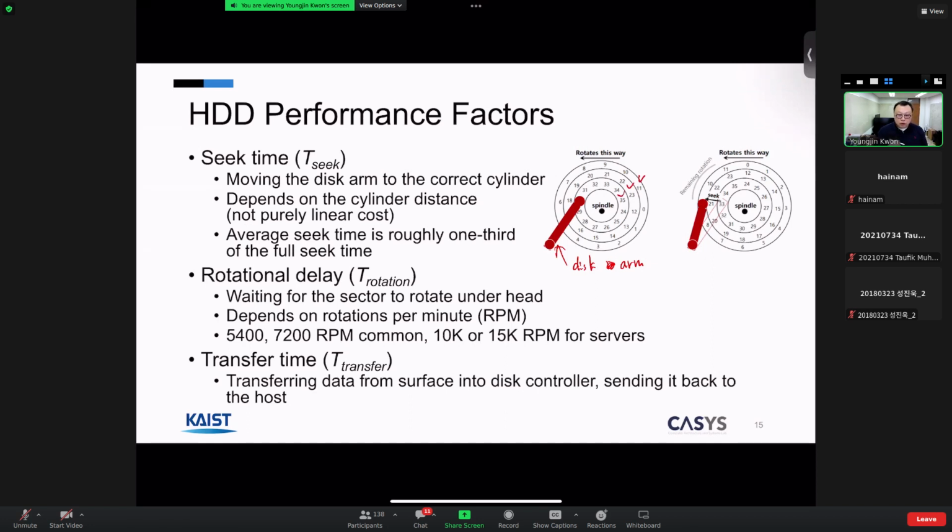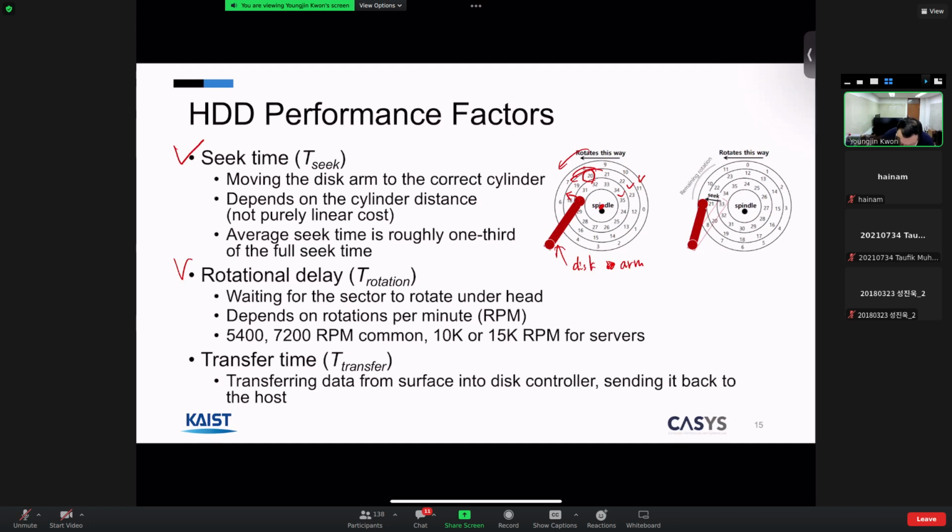If you want to locate block 20, the arm has to move around mechanically, and this disk spins to access block 20, for example. This arm moving time is called seek time. Okay, and then rotational delay. There's a motor inside that is actually spinning, so that's rotational delay.